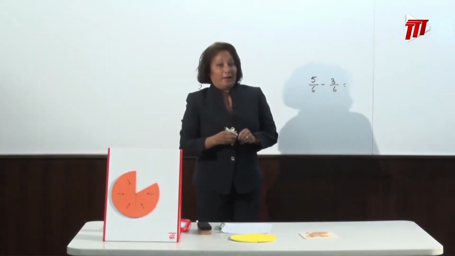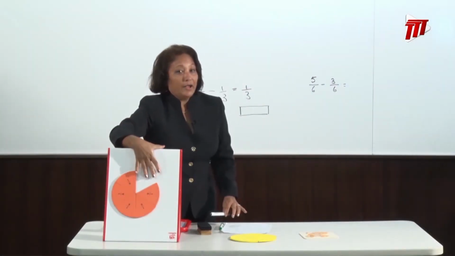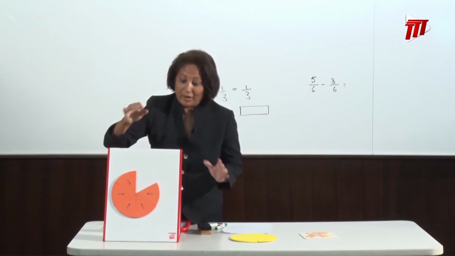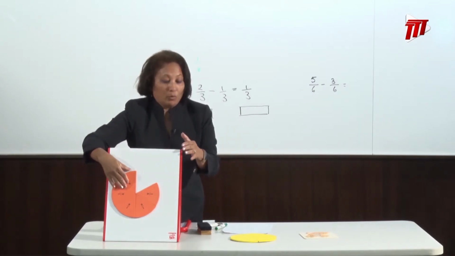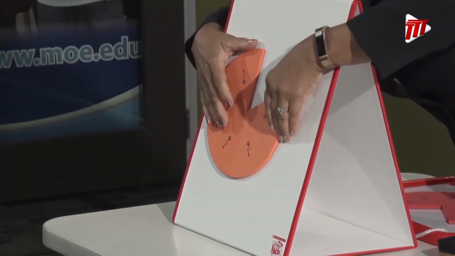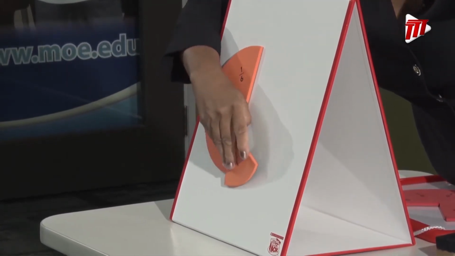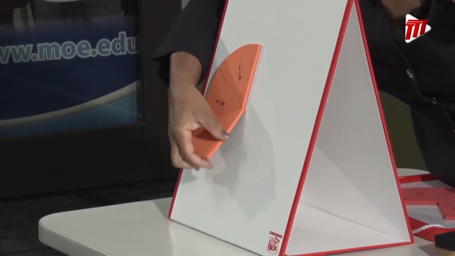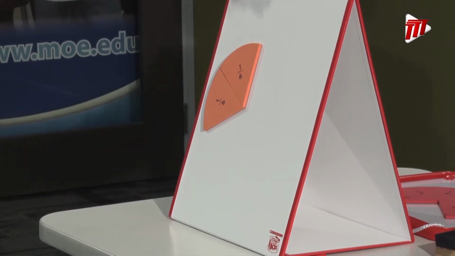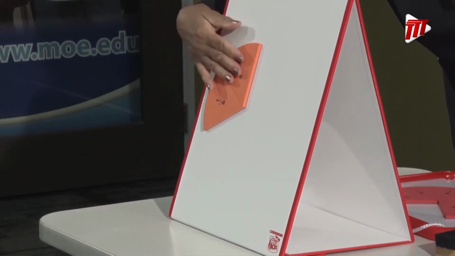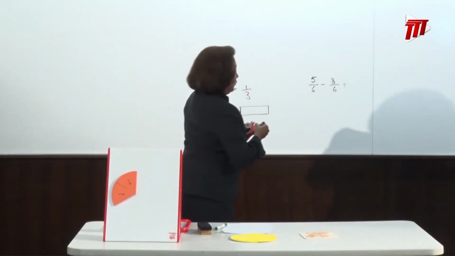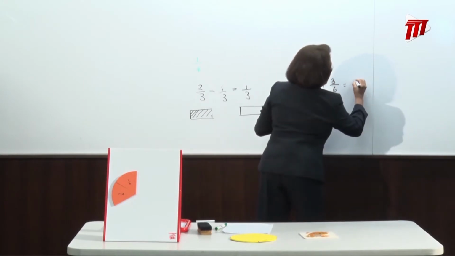What would my answer be? In this situation, it's easy because I already have my 5. And what I'm doing is taking away 3, 1, 2, 3, and I'll be left with 2/6. So my answer here would be 2/6.